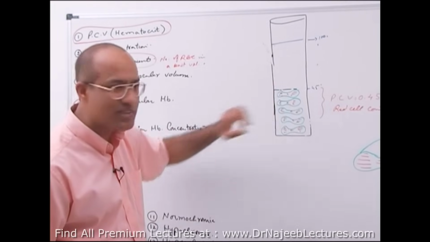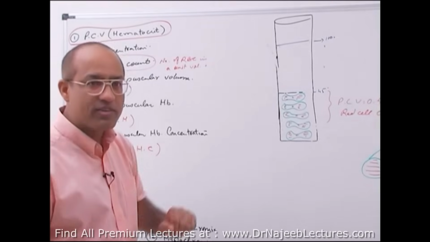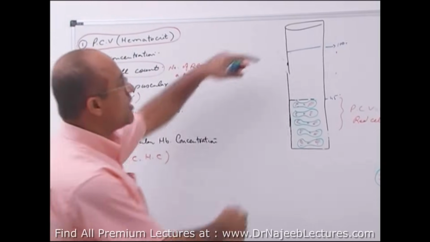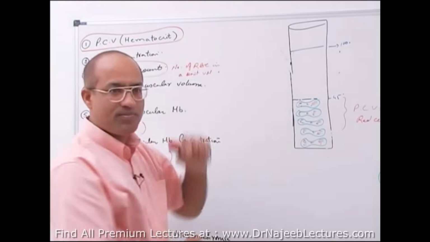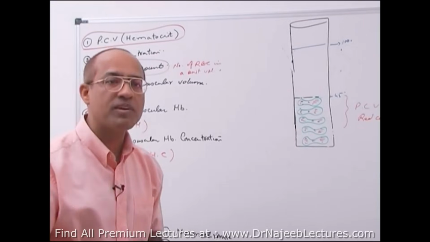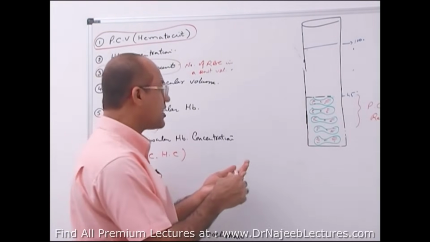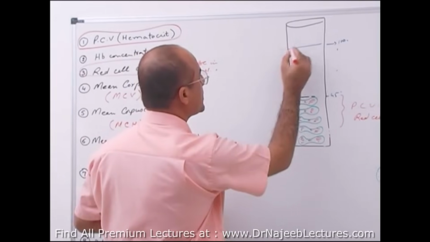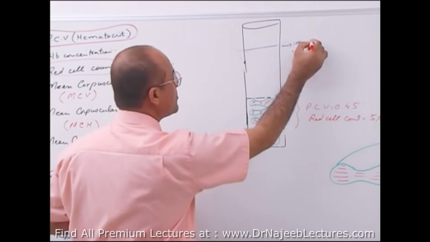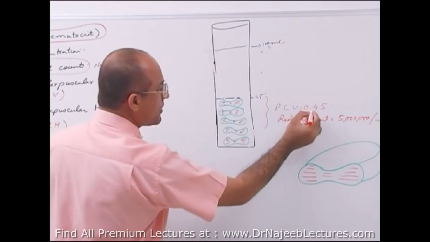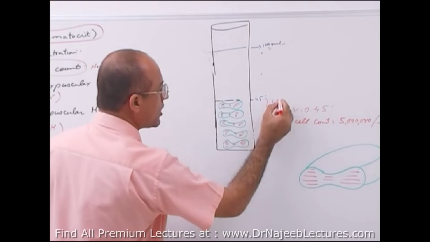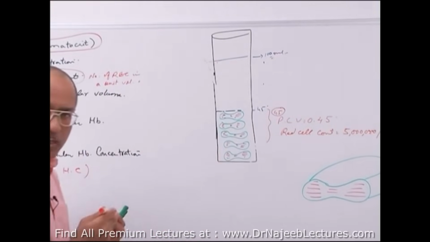Every red blood cell is having hemoglobin. Sometimes we talk about, in 1 unit of blood, what is the total percentage of hemoglobin? For example, if it is 100 ml blood, we took from a patient up to here was 100 ml blood, then there were 45 ml volume occupied by RBCs.